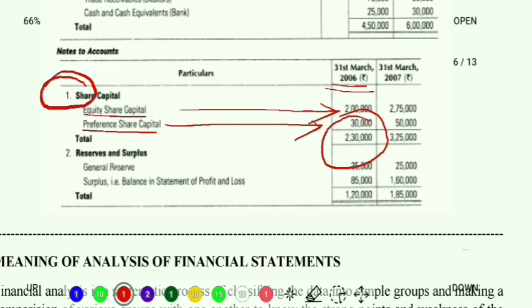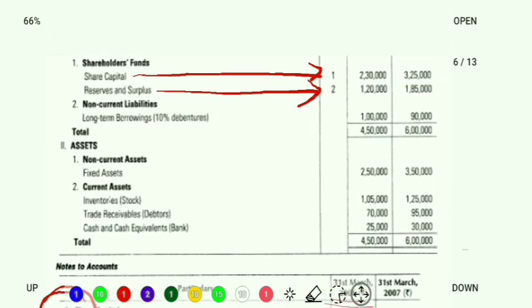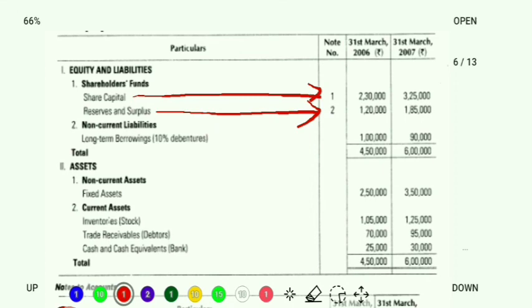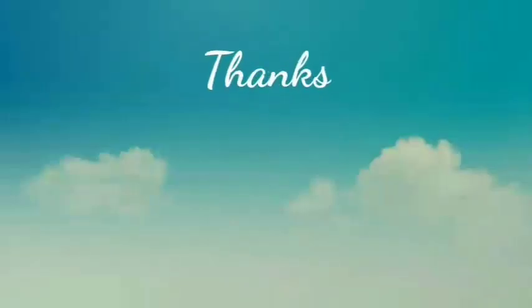Now this 2 lakh 30 is actually shown when I look at the balance sheet. See, when I look at the balance sheet, the total is given as 2 lakh 30. But in case I want to know the breakup, I will take the help of notes to accounts and look at it. This is basically the notes to accounts. Clear? So this was about the formats of the financial statements.